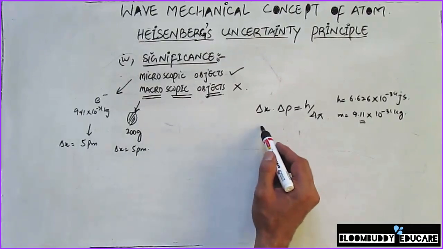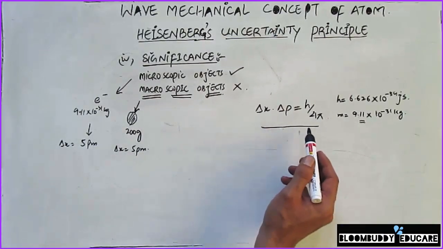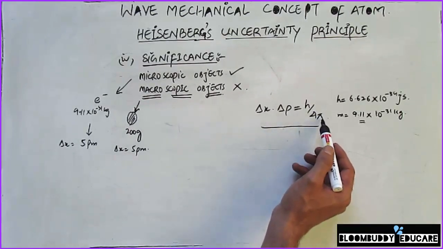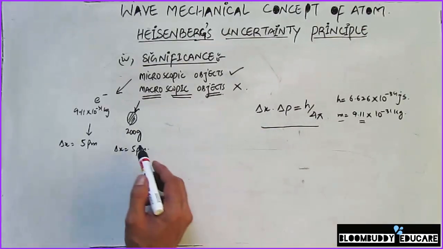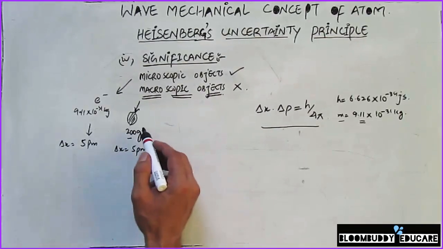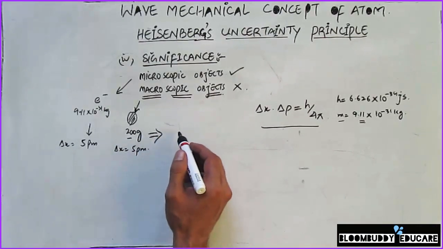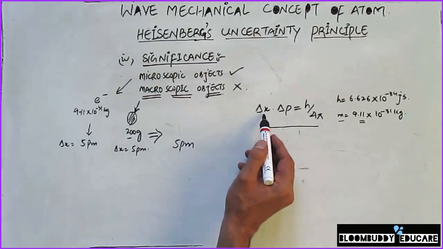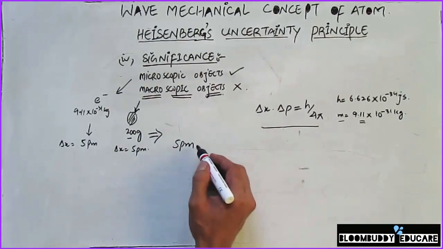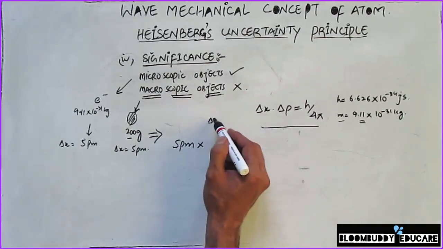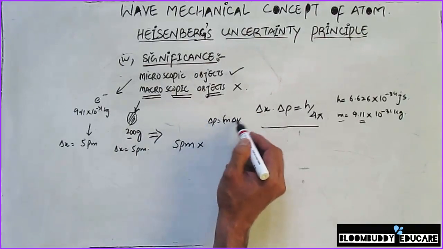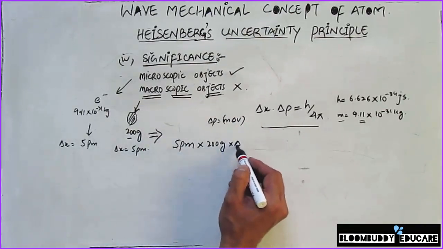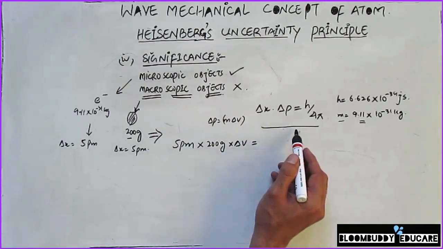According to Heisenberg's principle, delta x into delta p is equal to h by 4 pi. Now if I put in the values of h and 4 pi and the mass of the electron or the mass of the ball, in the first case, for the ball, we get 5 picometer, that is the uncertainty in position, multiplied by, since delta p is equal to m delta v, m in this case is 200 gram, into delta v is equal to h by 4 pi.